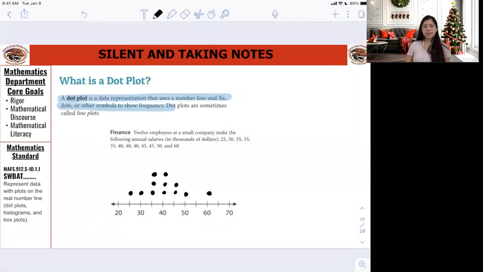Now, why do you guys think that these are maybe useful for people to look at? Because it just shows the amount. Yeah. What's very easy to see with your eyes? The dots. What about them? How many if there's three of those numbers.